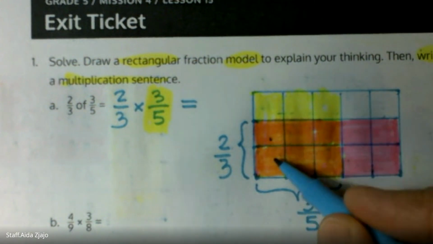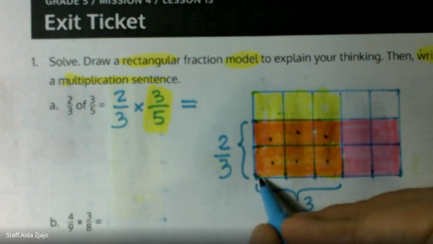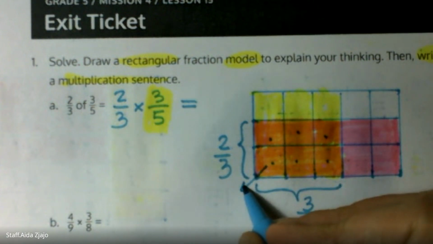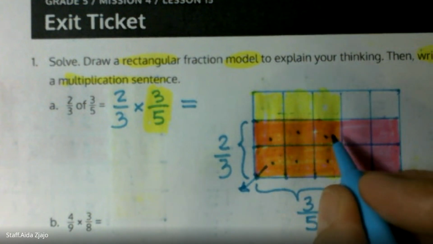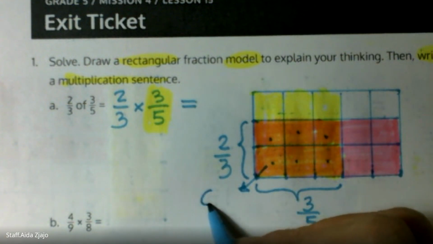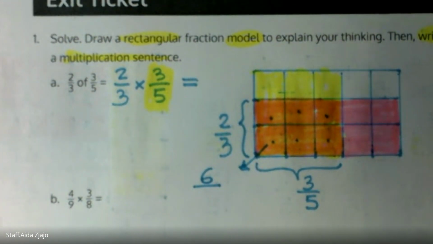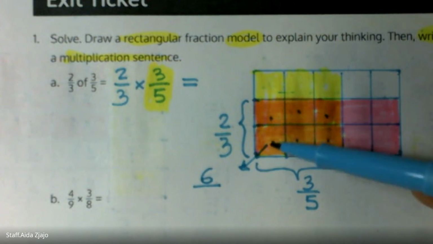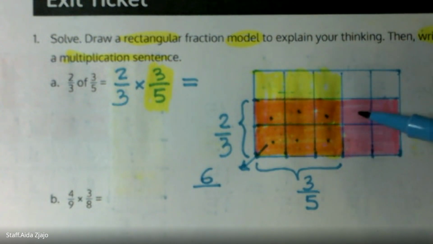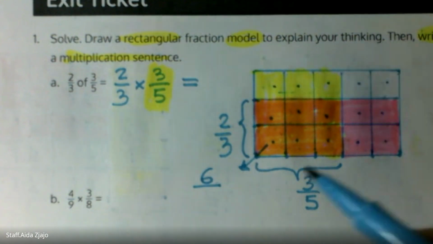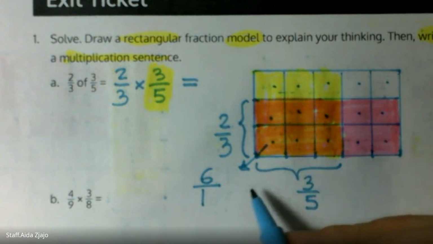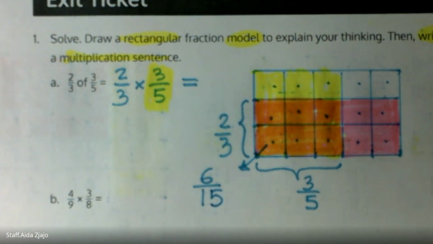The answer is these orange parts, and we can count how many there are: 1, 2, 3, 4, 5, 6. So that's 6. And what makes a whole? How many squares do we have as a whole? 1, 2, 3, 4, 5, 6, 7, 8, 9, 10, 11, 12, 13, 14, 15. So 15 is our whole.